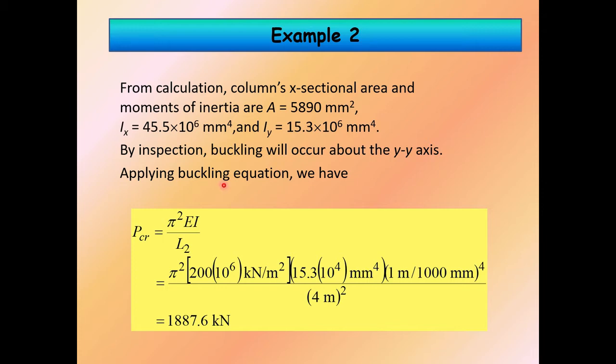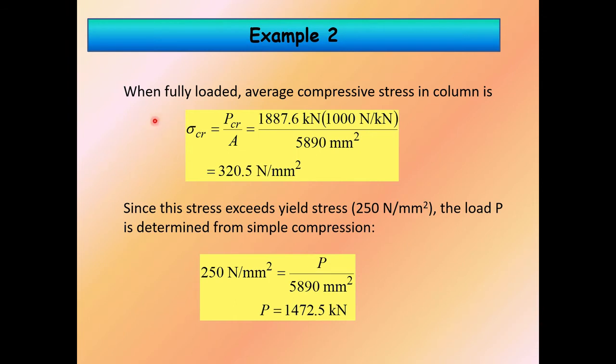Apply the Euler formula or the buckling equation. We have P critical 1887.6 kilonewton. When fully loaded, the average compressive stress in the column is stress equal to P critical over area.